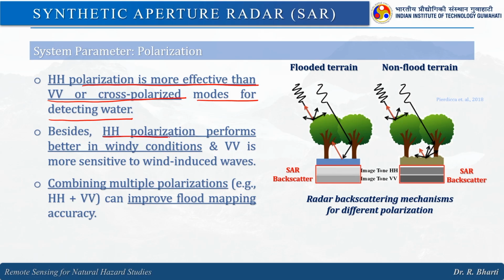Besides, HH polarization performs better in windy conditions. VV is more sensitive to wind induced waves. Combining multiple polarizations, for example HH and VV, can improve flood mapping accuracy.